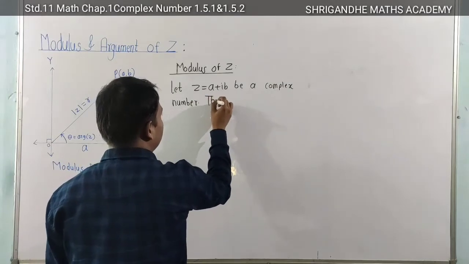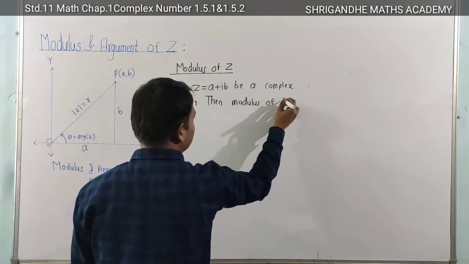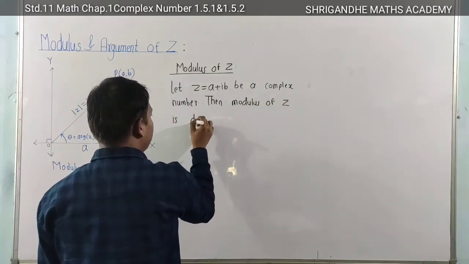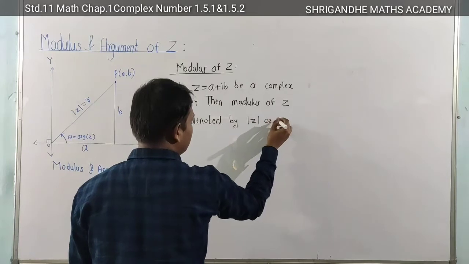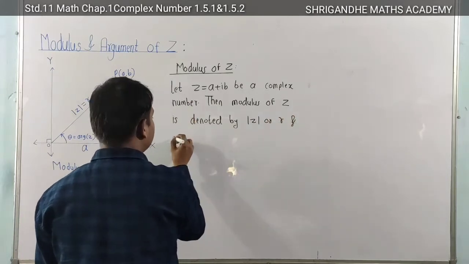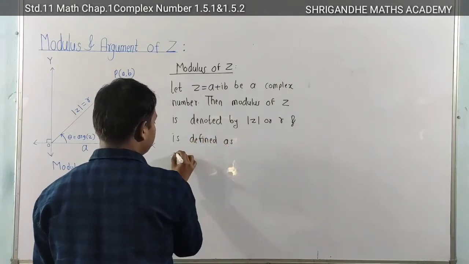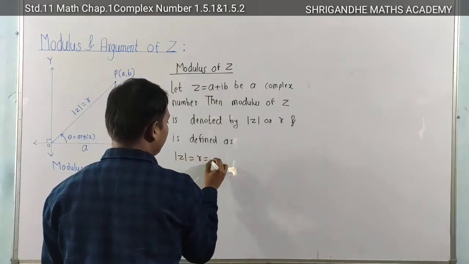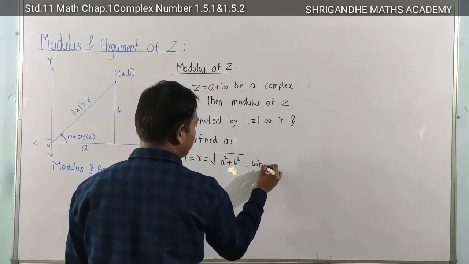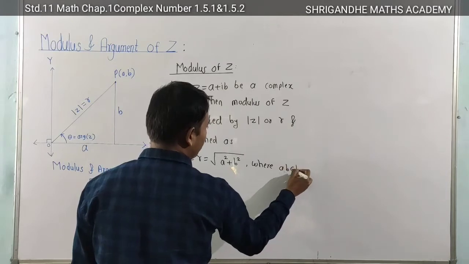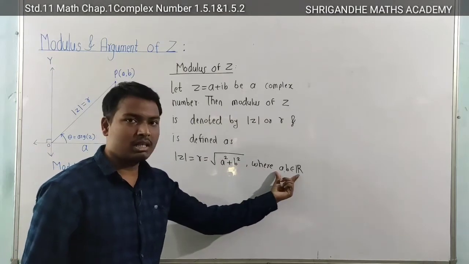Then the modulus of z is denoted by mod z or small r and is defined as mod z is equal to r is equal to root of a square plus b square, where a comma b belongs to capital R. Okay, in which a and b are the real numbers, that is they belong to capital R.